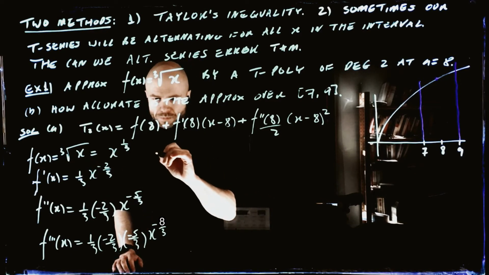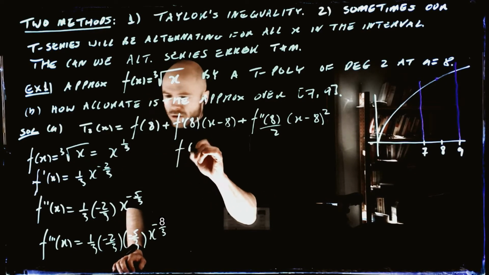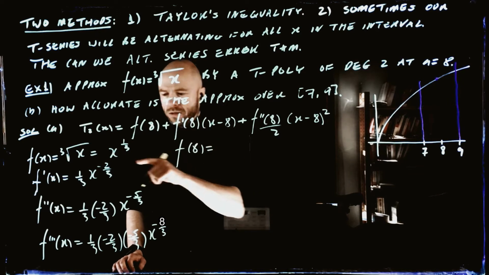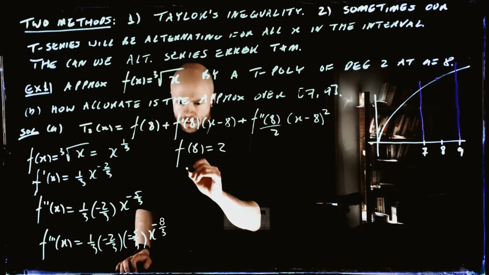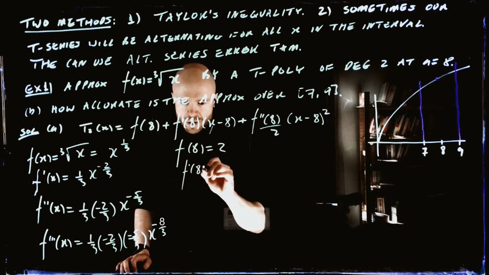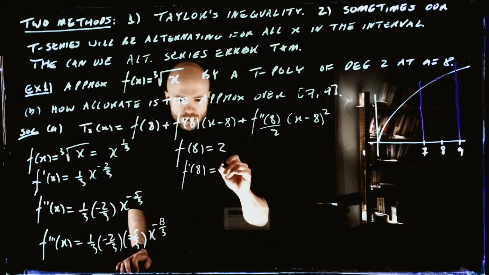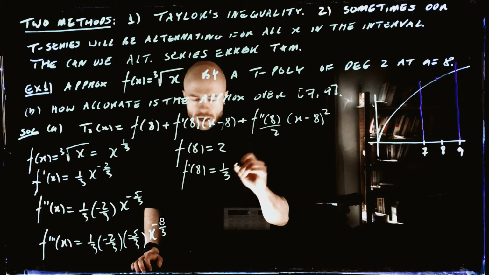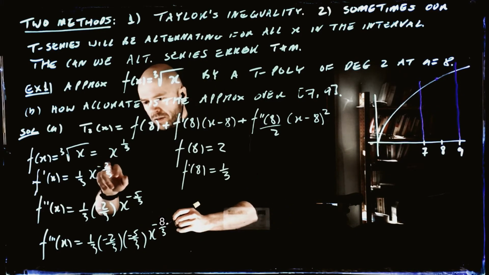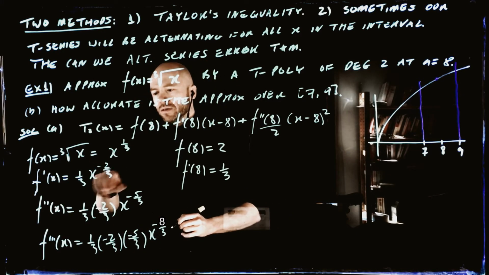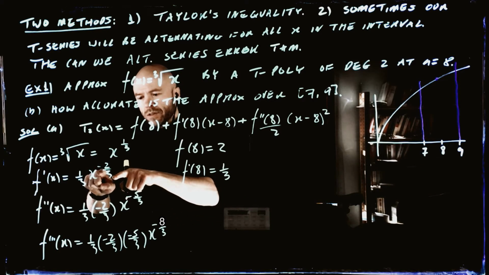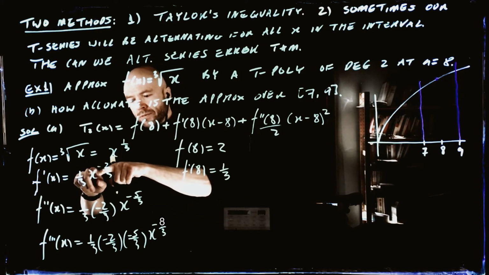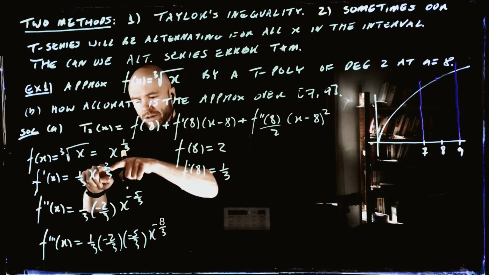And then let's put in the numbers. So f of 8 is the third root of 8, which is 2. F prime of 8 is 1 over 3, and then this is x to the minus 2 over 3. So x to the third, we've learned, is 2. So we're going to have 2 to the power minus 2.